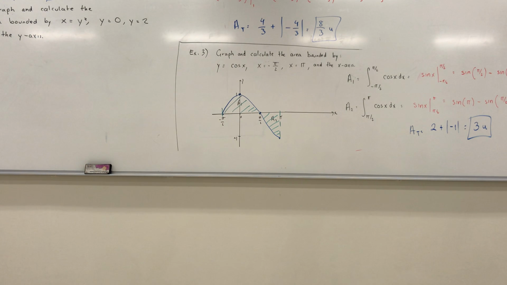In this one, the question is to graph and calculate the area bounded by x equal to y squared, which is a function in terms of y. Y equal to 0, y equal to 2, which are horizontal lines, and the y-axis.